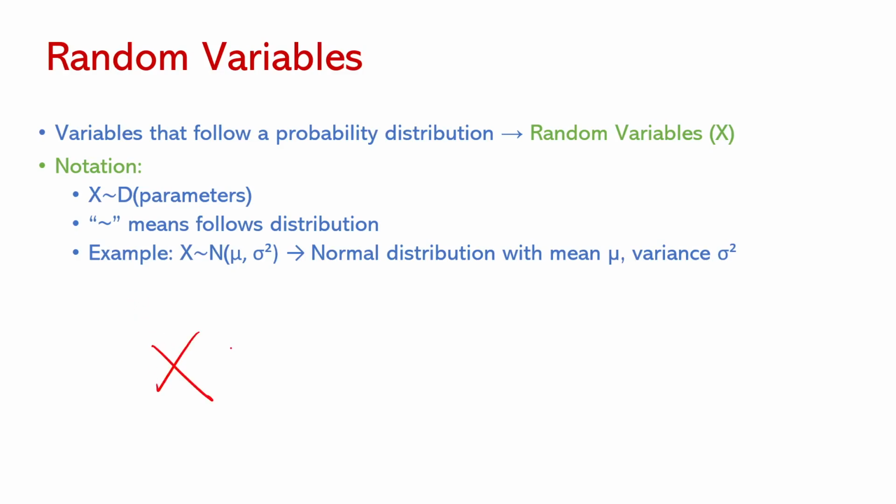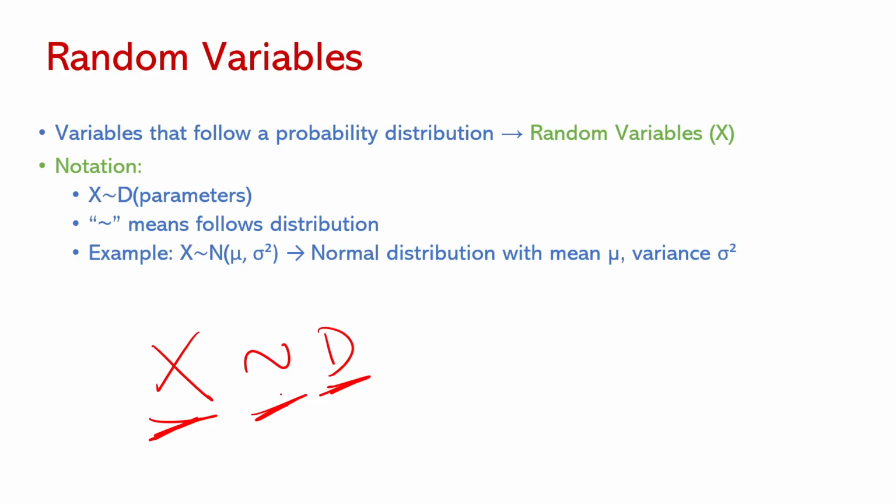X is a random variable, it follows D. D is any distribution, D could be any distribution. So a random variable is a variable that follows a probability distribution, right? So X is a random variable, this means it follows a distribution.